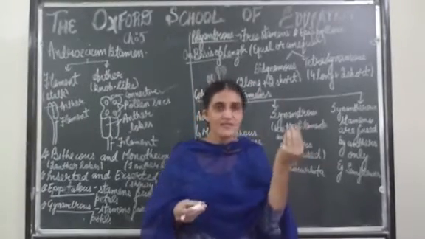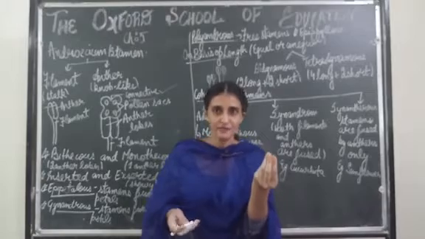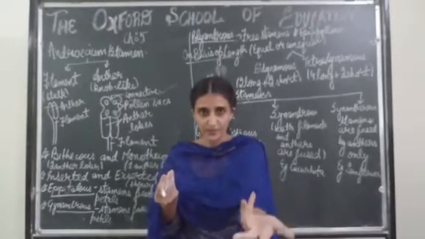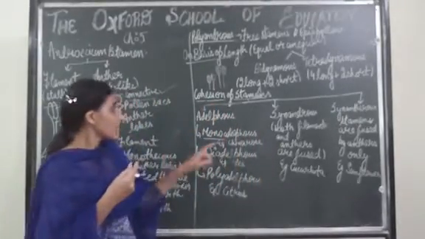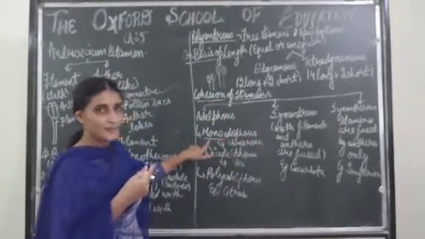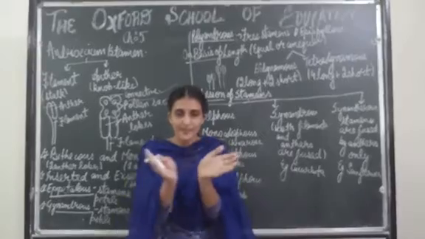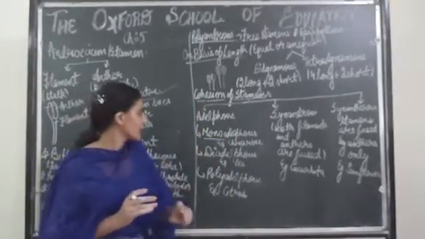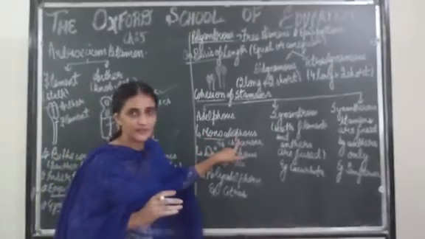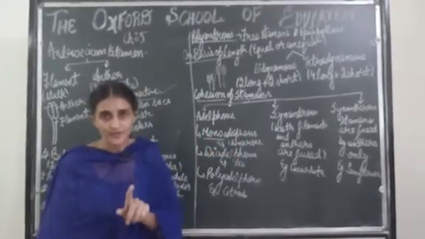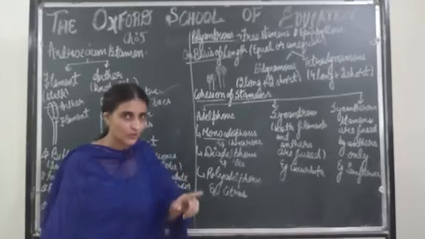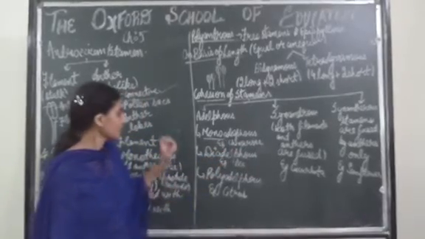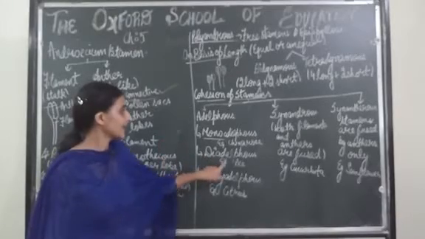For example, some of the stamens are fused over here in the flower, some are fused over here, and some are present at any other place. If all the stamens are present in a single group, that means they are joined together, then we are going to call them monoadelphous. That means only one bunch or one group is found within a flower. Example is China rose. Second is diadelphous.